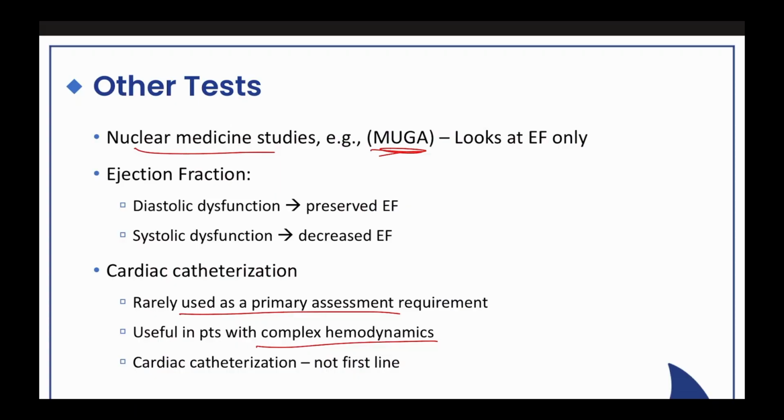If anyone's going for, let's say you do an echo and they have severe aortic stenosis, and that's what caused their heart failure. So the echo tells you how bad the aortic valve is. It tells you the aortic valve area, all that fun stuff. In order to repair that valve, the majority of the time they open you up.